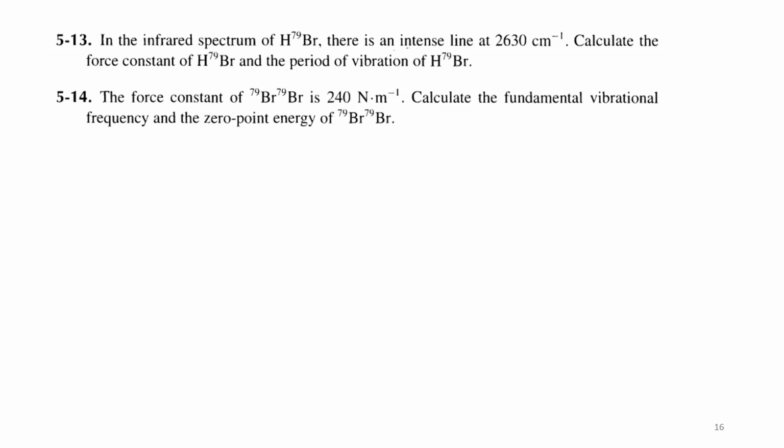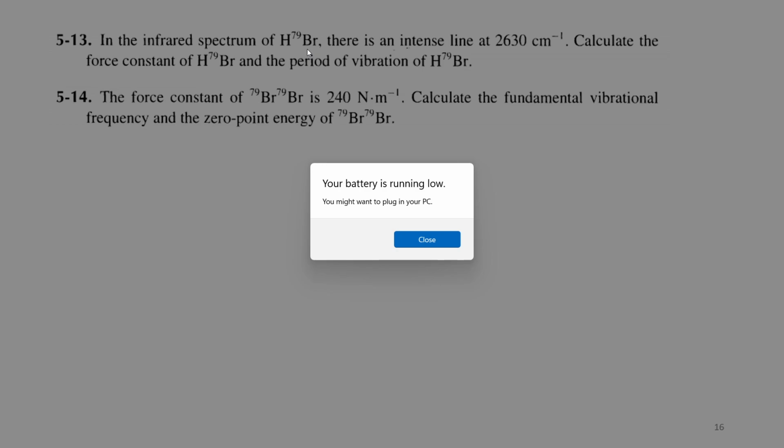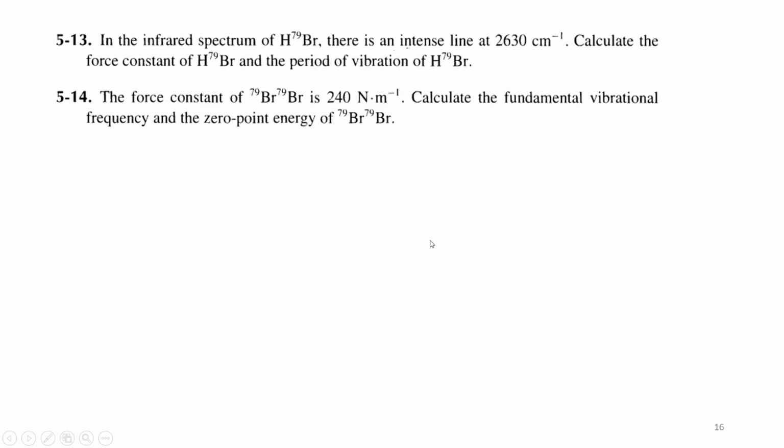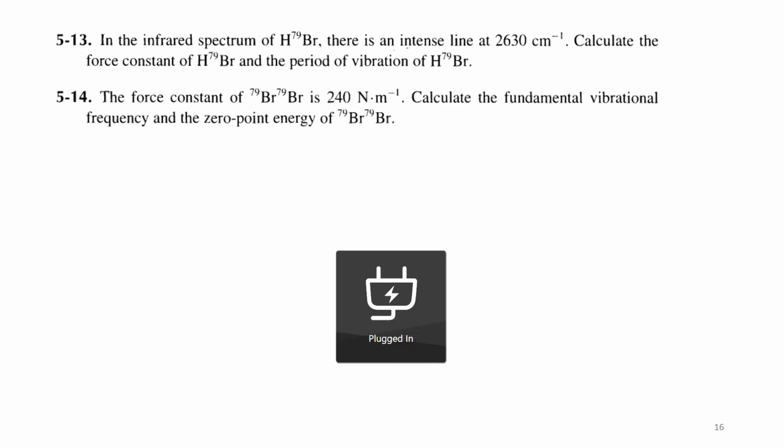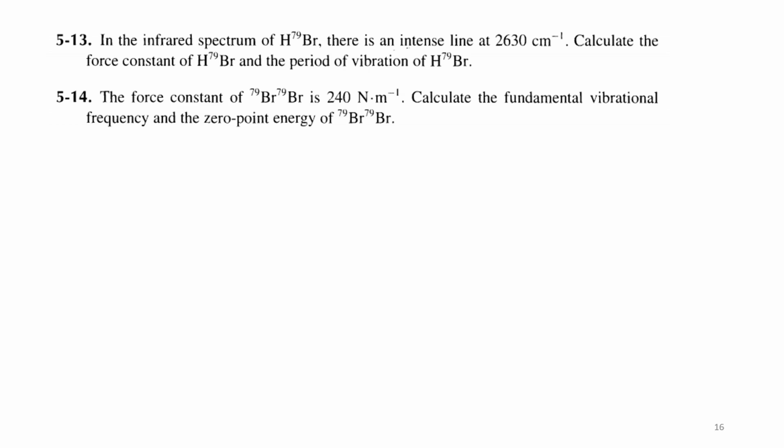That means it is related to vibrational spectroscopy, right? So for vibrational spectroscopy, you know what the relationships are. With one of those, we are going to solve this problem.